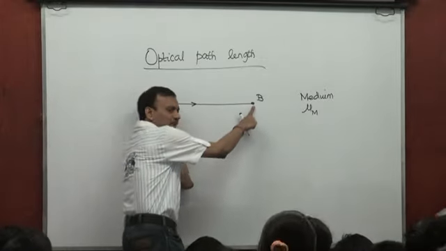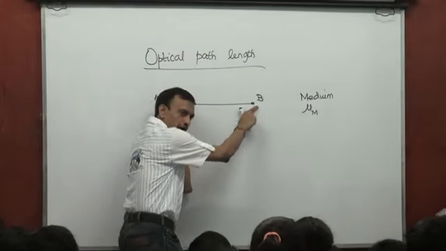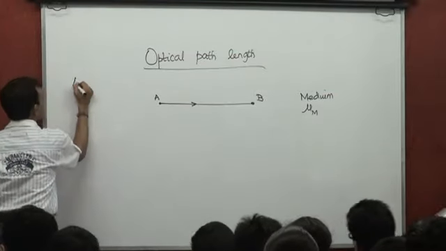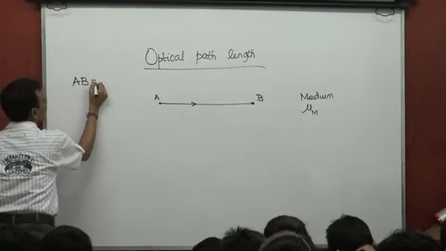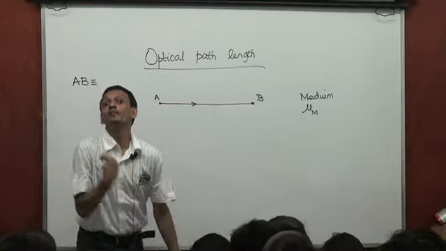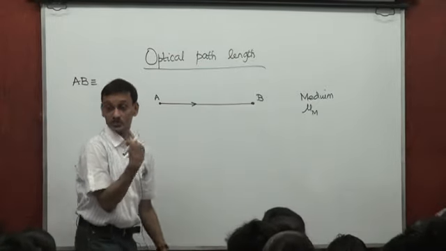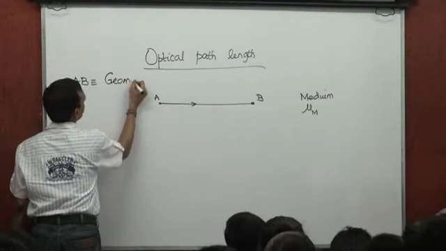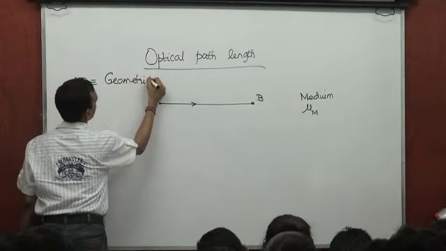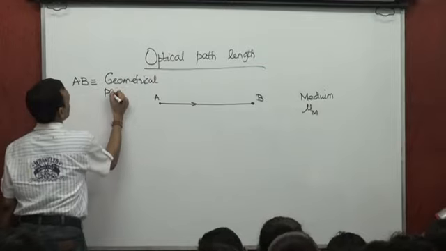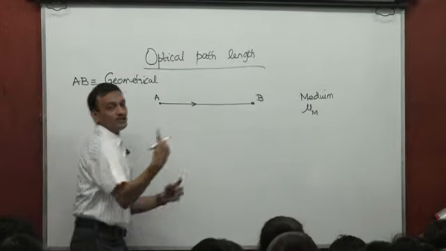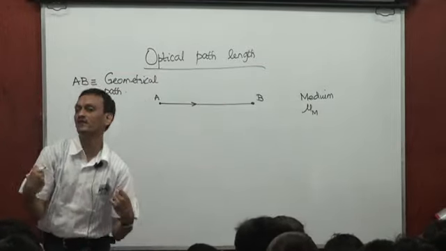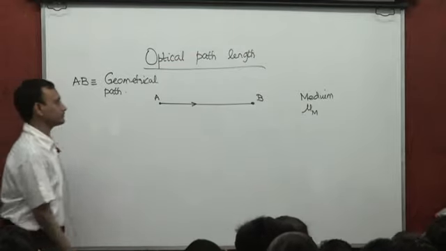Then the actual length that it covers in that medium, AB, is the geometrical path that the ray covers. The length AB is the geometrical path covered by the ray in that medium.